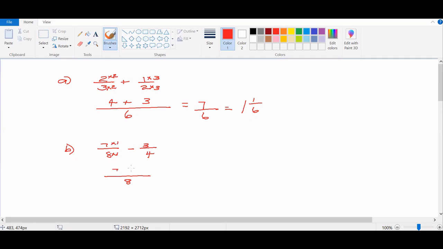It remains as 7. But to get 8 here, I must multiply by 2. So I multiply the top by 2 as well. 3 2s are 6. 7 minus 6 is 1 over 8. So the answer I get is 1/8. Right? So just a reminder, everything that you do on the bottom, you must do on top to maintain the integrity of the fraction and to keep it as the same fraction.